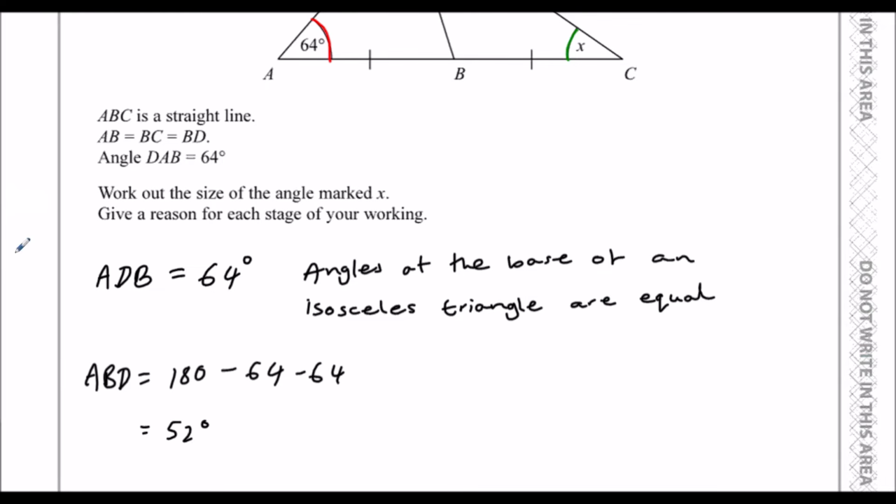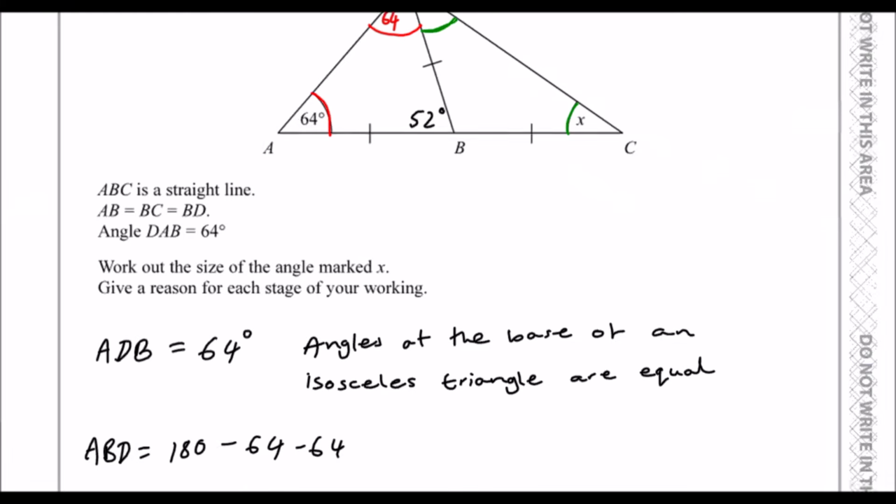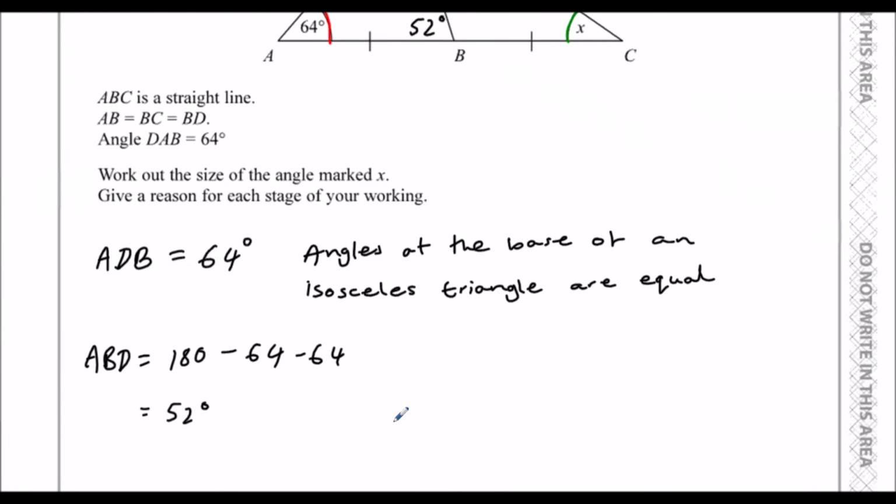So we've got a 52 degree angle here, and that's because angles in a triangle add up to 180 degrees.